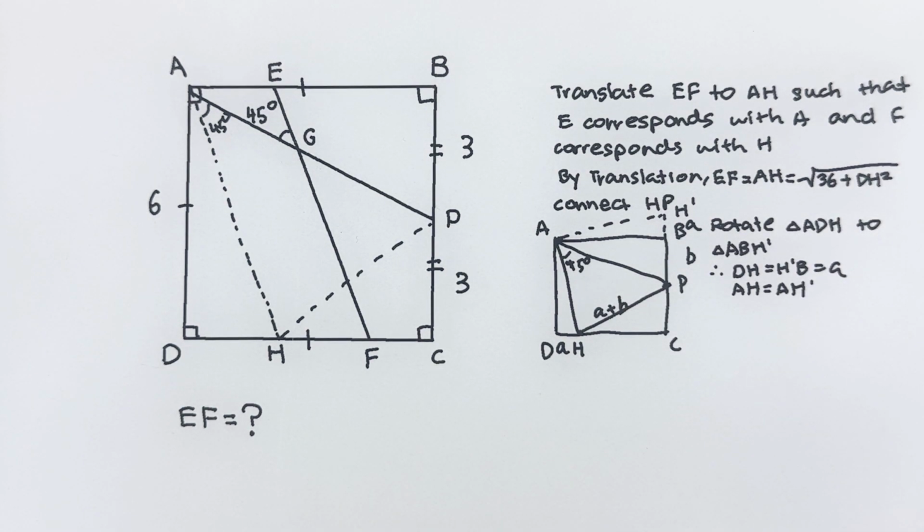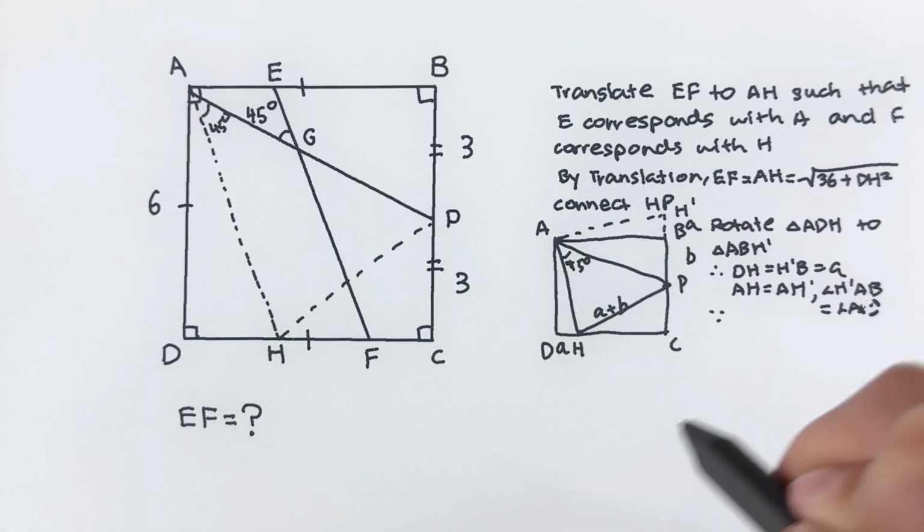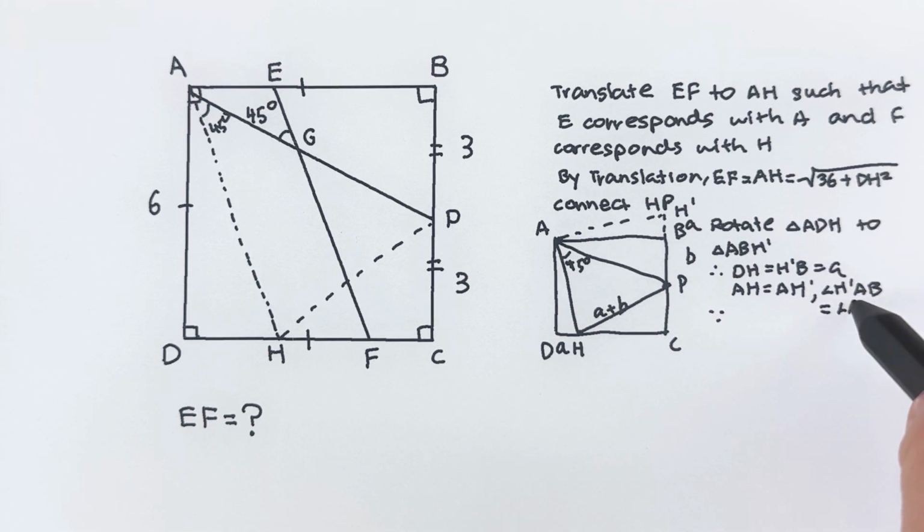So to prove that triangle AHP is congruent to triangle AH prime P, we need to prove that angle HAP equals angle H prime AP equals 45 degrees. And we also have from here that angle H prime AB is equal to angle DAH.